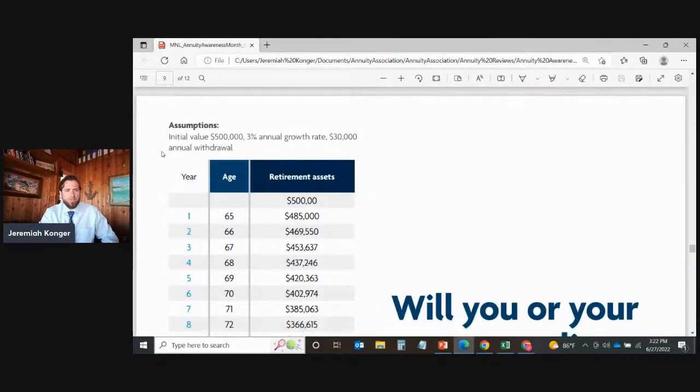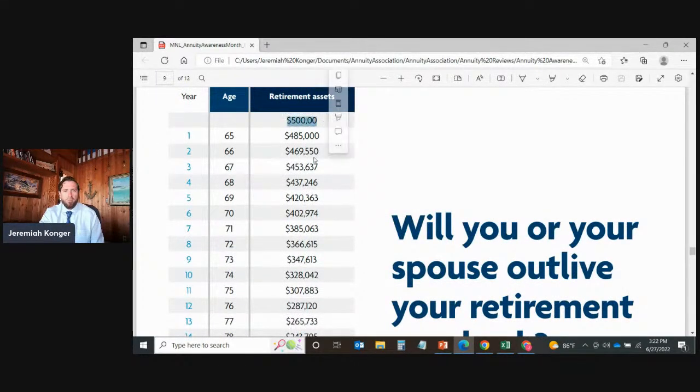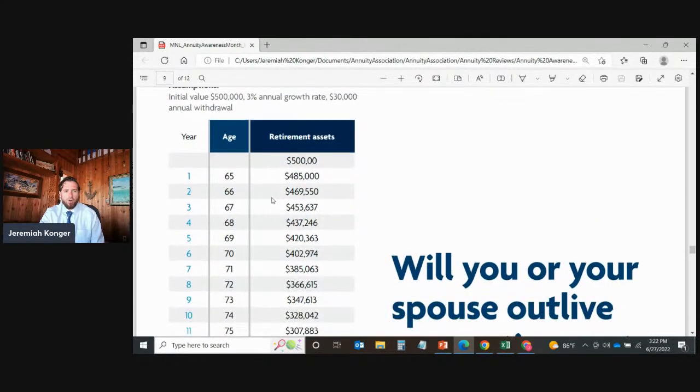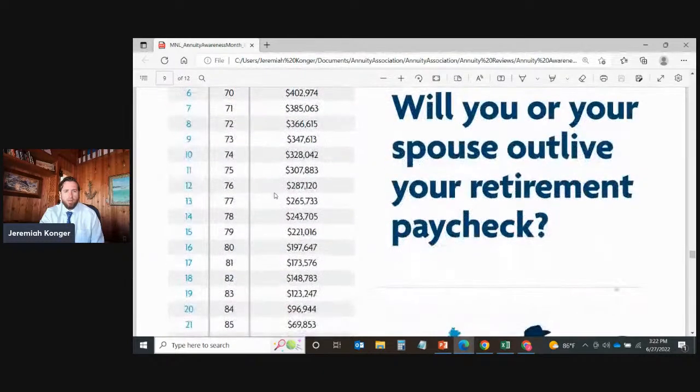And so here the assumptions are the initial beginning value of the portfolio of $500,000 with a 3% conservative annual growth rate, $30,000 annual withdrawal. So they're just showing us if we were to use a more conservative investment for the retirement assets, maybe only achieving a 3% annual growth rate while taking a $30,000 annual distribution, what this might look like. So you'll see the $500,000 starting here, and then starting at age 65, taking that $30,000 annual withdrawal, we'll see how it unfolds.